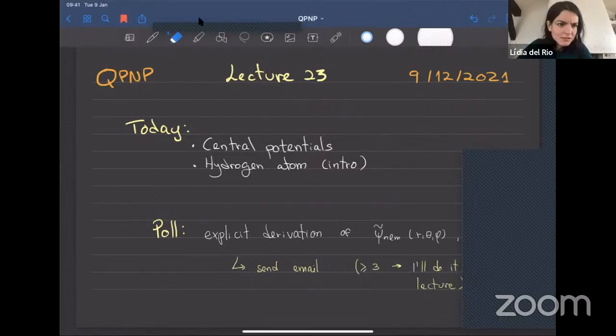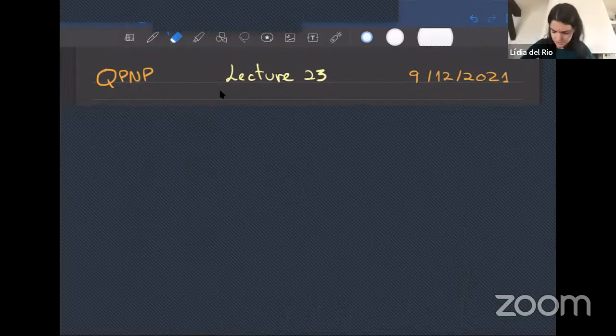So part of the screen is blocked again. Oh yeah, I see it now. Why does it do that?